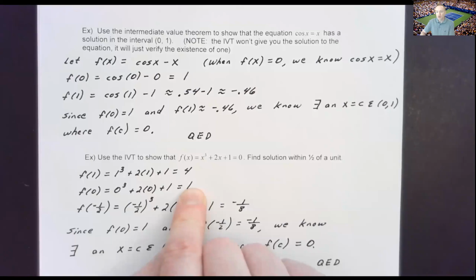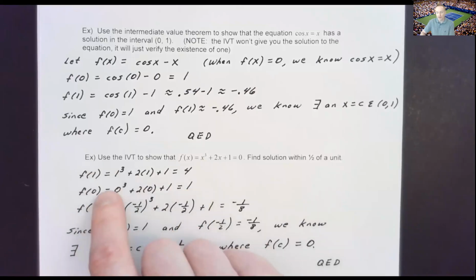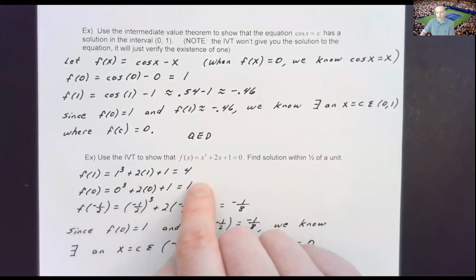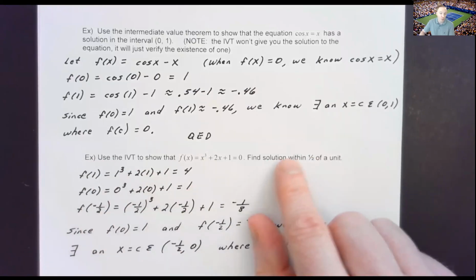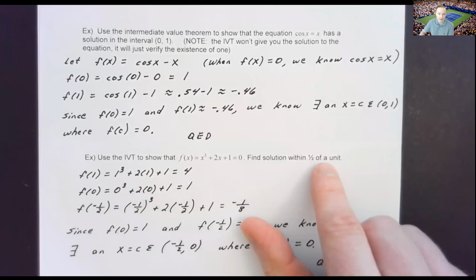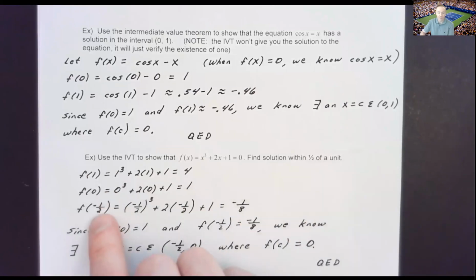Okay. So I know when I lowered the x value here, the y value lowered. So I tried lowering it again. And this time I knew I wanted the solution within half a unit, so I went to x equals negative 1/2. I get negative 1/2 cubed plus 2 times negative 1/2 plus 1.